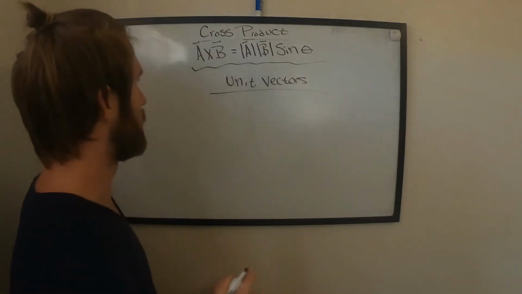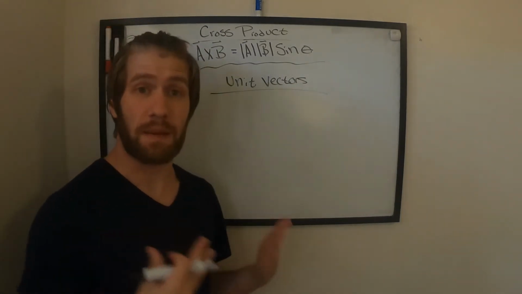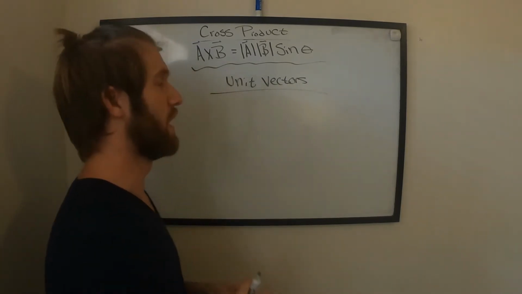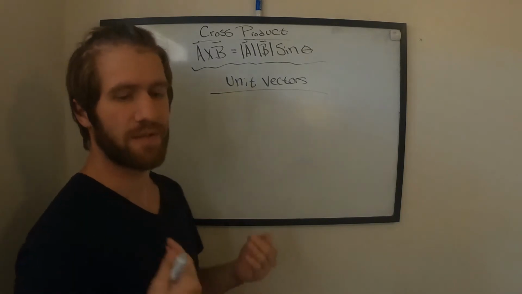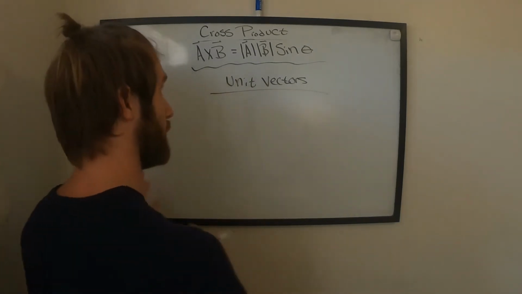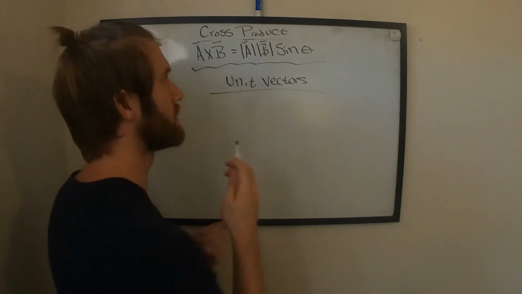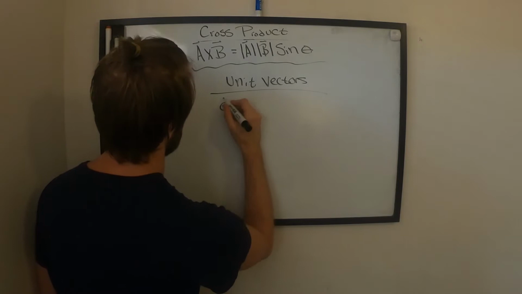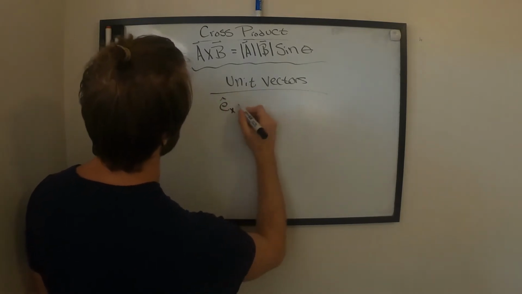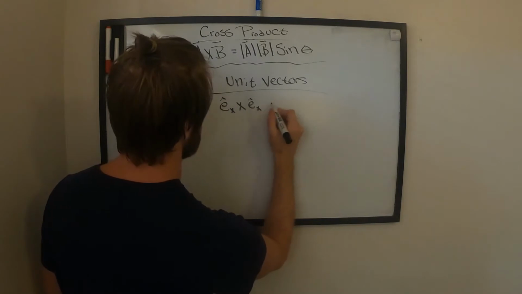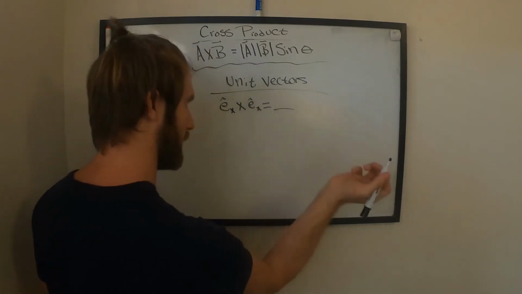I'm going to be using the same notation as I did before, but keep in mind that my notation is very much the same as what you might see in other formats, like i hat or x hat. I'm going to be using the e hat notation. So e hat sub x cross e hat sub x is equal to some value.